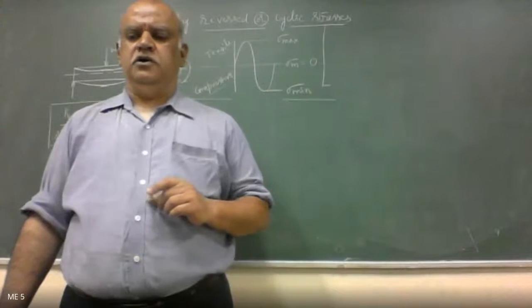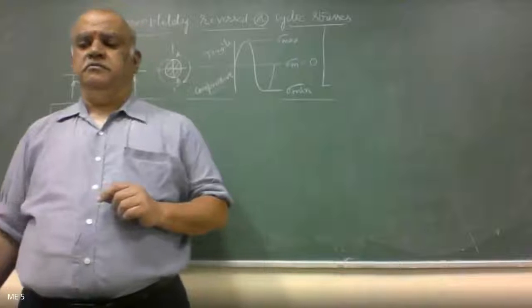Take FOS equals to 1.75 based on Soderberg's criteria. An ultimate tensile stress of material is 1750 megapascal. Okay. Choose a modifying factor of 0.85 for the type of loading, 0.85 for size, and 0.78 for surface effects.